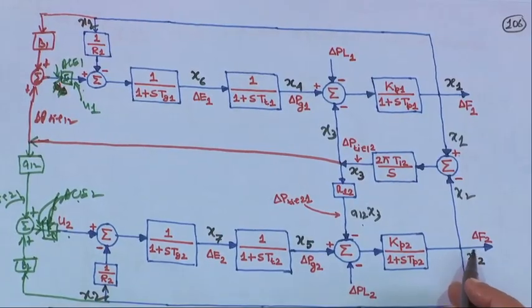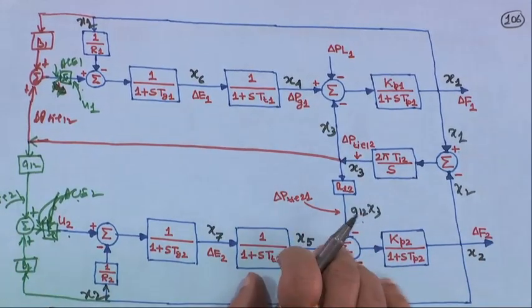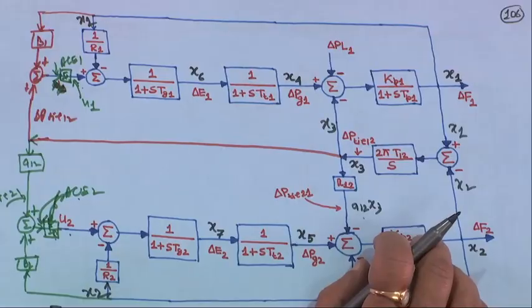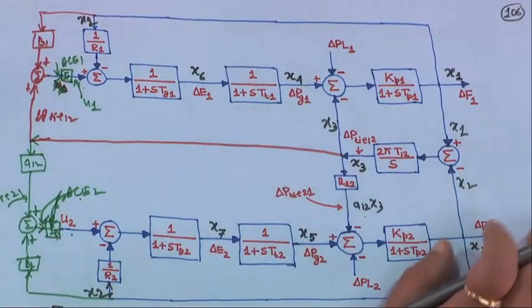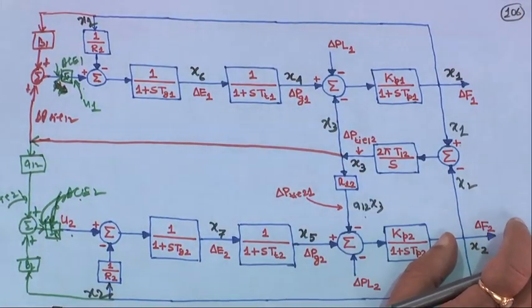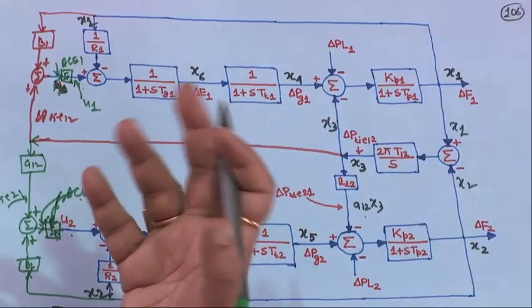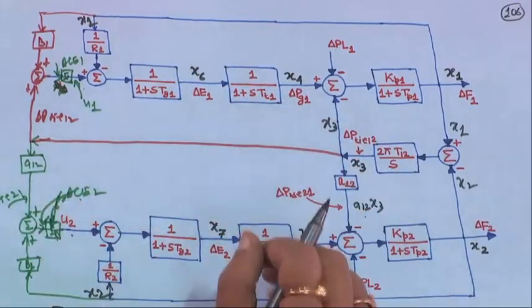That means the operating frequency for this side compared to this one will remain constant. That means the whole system can be considered as area 1 connected with an infinite bus.